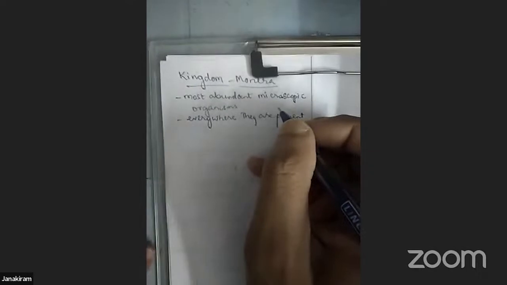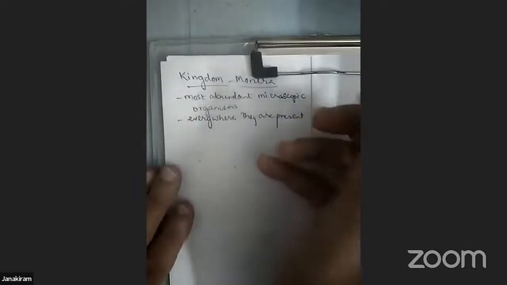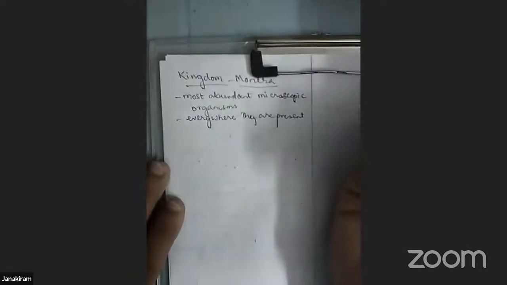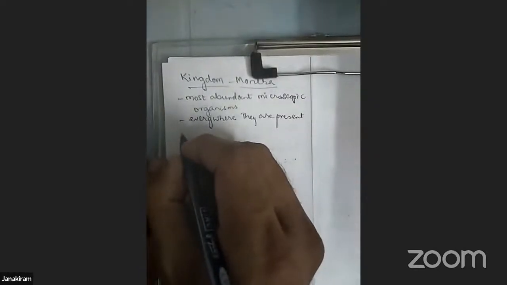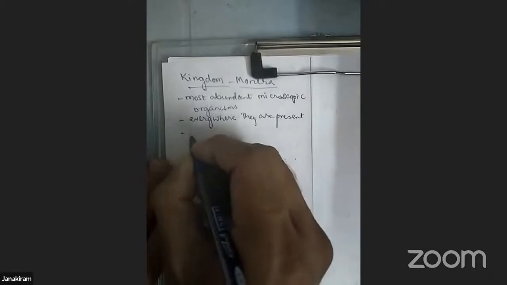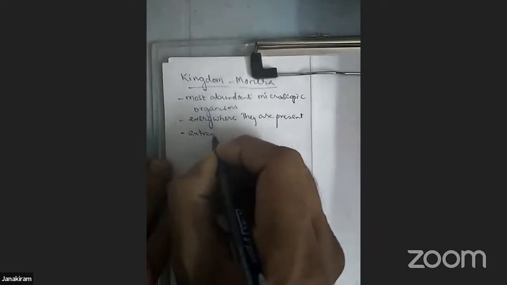Then hundreds of bacteria are present in a handful of soil. That is, if you take a handful of soil, it contains some hundreds of bacteria. They are present in extreme habitats.